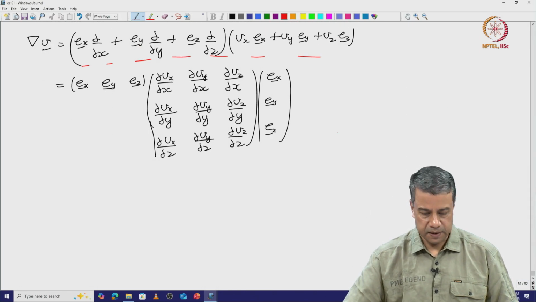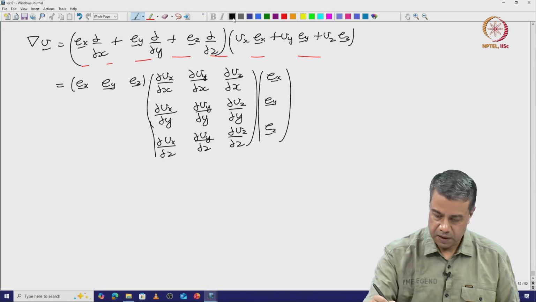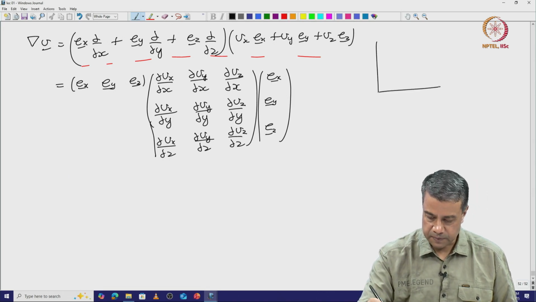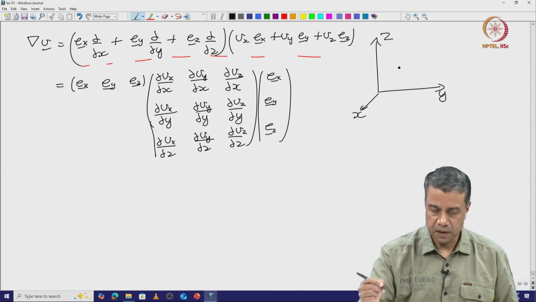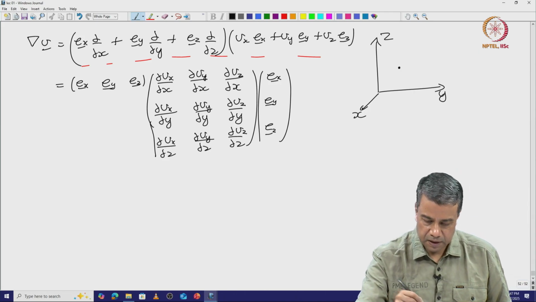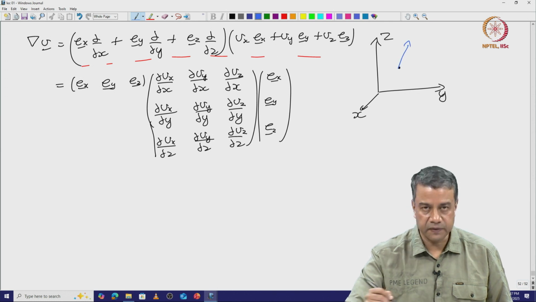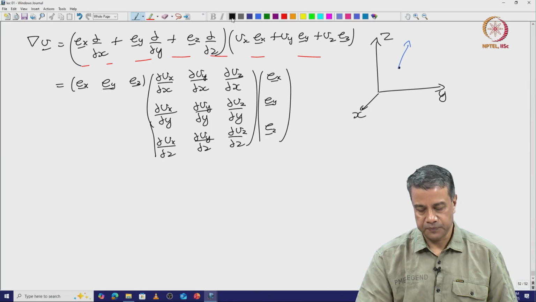Physically, what does this mean? So, let us go back to our definition of gradients. Gradient of concentration, for example, in a Cartesian coordinate system. The gradient of concentration is a vector at a particular location. It is a vector uniquely defined at each particular location.